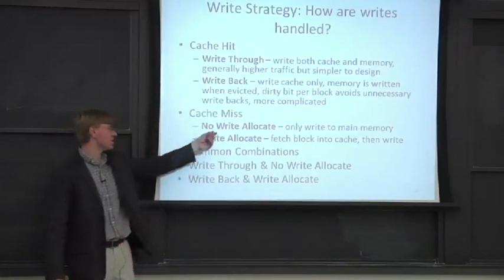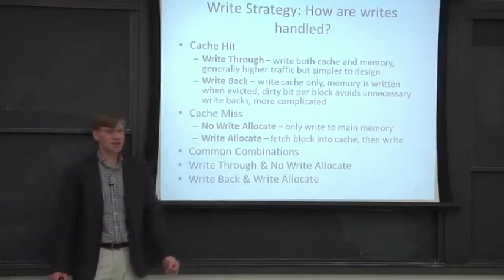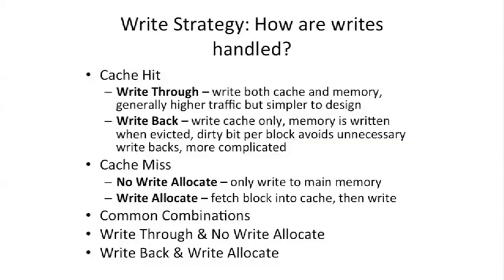Also, some designs just decide not to do write allocate, because, I'll define these two things here. No write allocate means you're doing a store or a write to your cache, and you're not going to pull the data into your cache to do the merging there locally, if you will. And you're not going to actually store any data into your cache, because you don't have to.